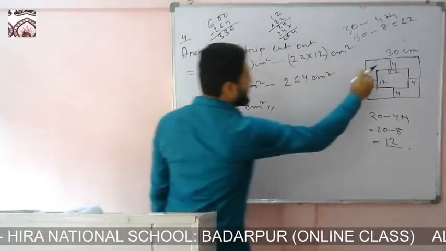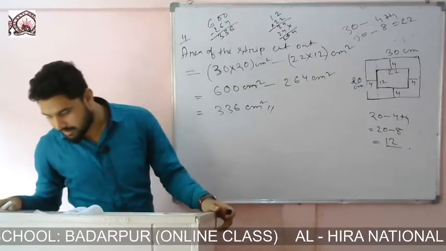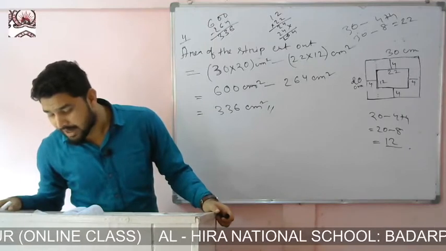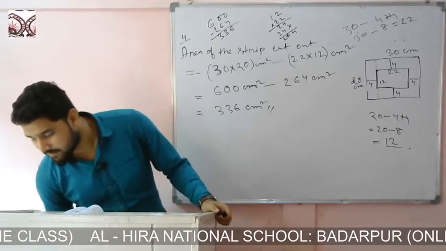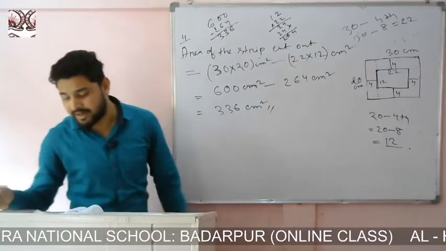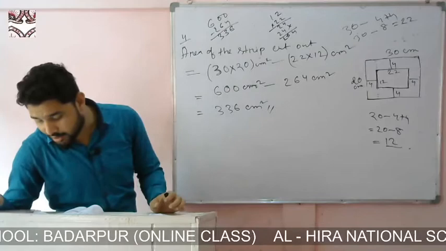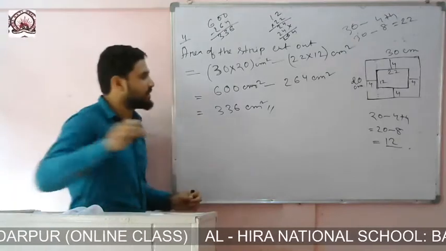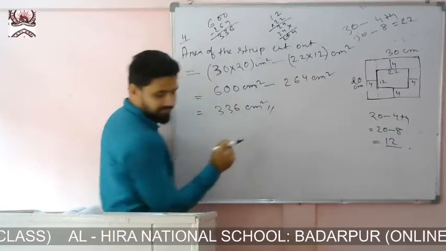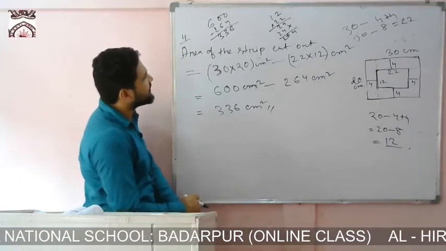Now we have to find the other portion. Find the area of the remaining sheet, and also the area of the strip cut out. We have just found the area of the strip cut out.